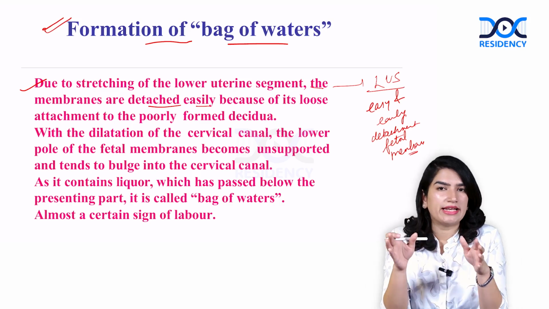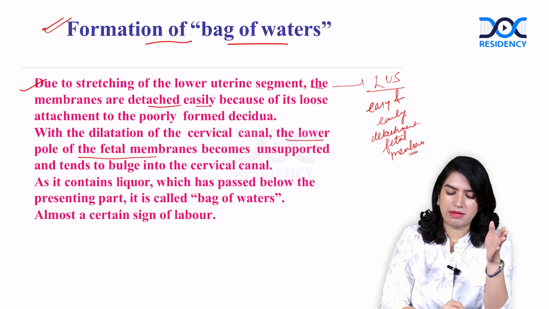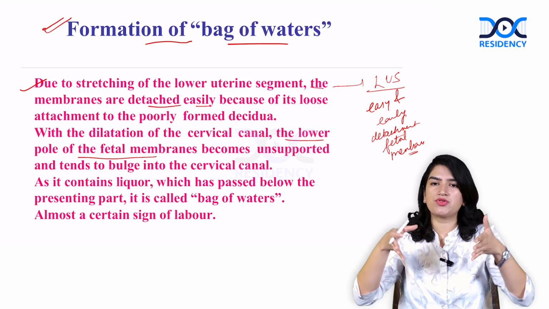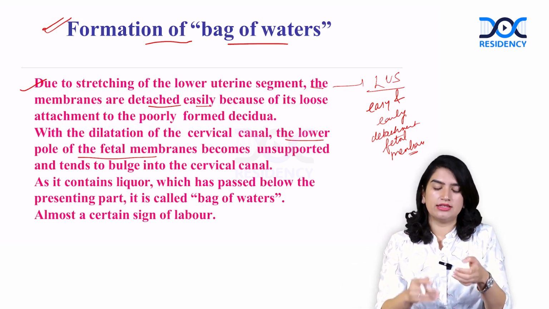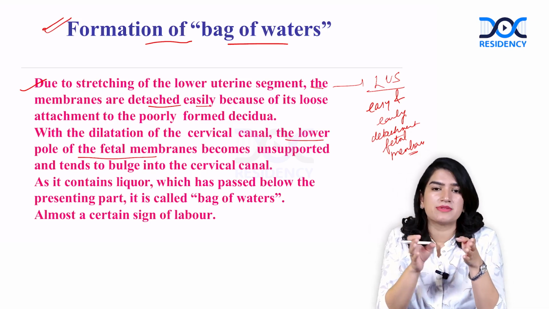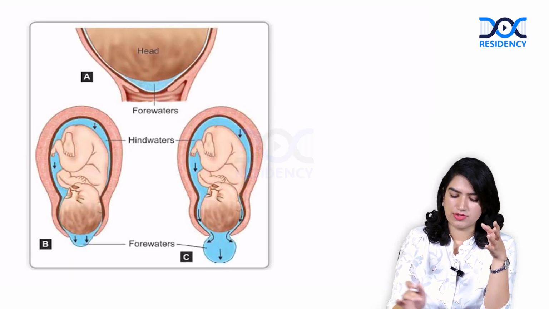With progressive dilatation of the cervical canal, the lower pole of the fetal membranes becomes unsupported, because now the lower uterine segment is stretching and the cervix is also shortening. With dilatation, the lower pole of the fetal membranes becomes unsupported and it bulges into the cervical canal. So, this is how it looks.